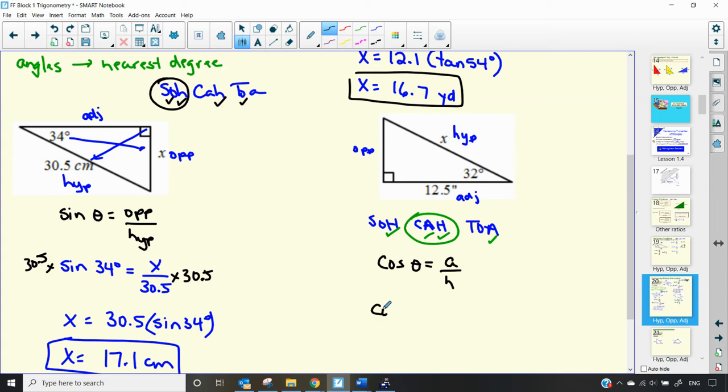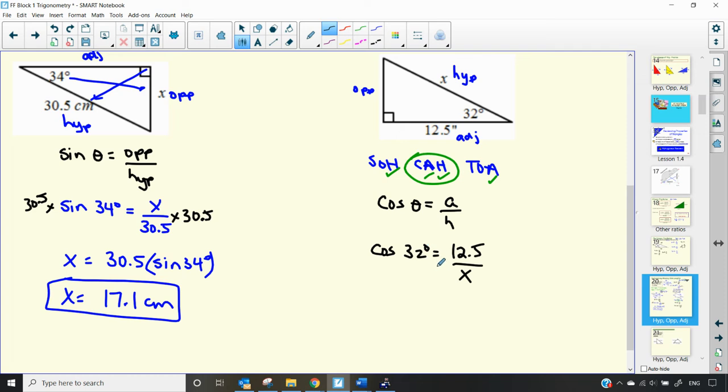So cosine of my angle is adjacent, which is 12.5, over x. Now this one, my number is on the top, so I can treat this like a cross multiplying situation.